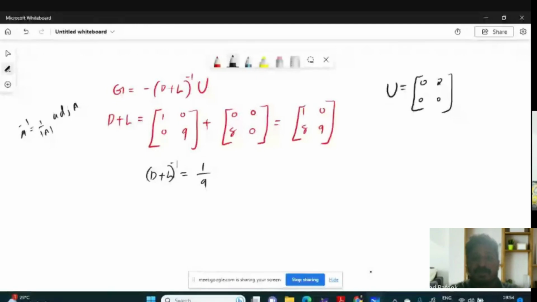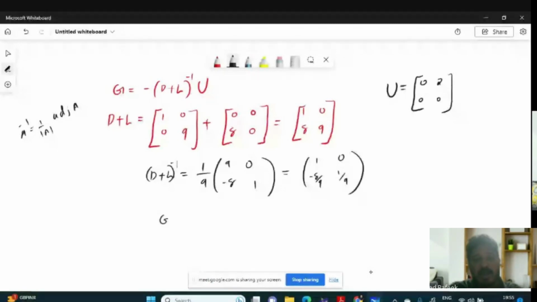How to find the adjoint of a 2 by 2 matrix? Just swap the principal diagonal entries and change the sign of the off-diagonal elements: 9, 1, 0 and minus 8. Multiplying inside gives 9 by 9, 1, 0, minus 8 by 9, 1 by 9. That is (D plus L) inverse.